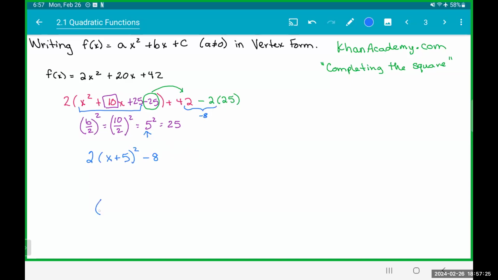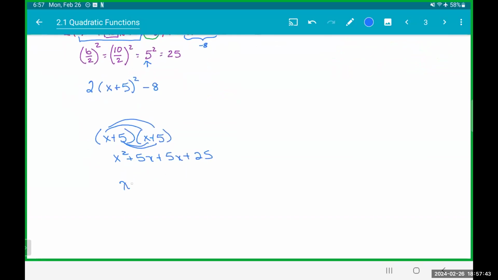Okay, so if I did x plus 5 times x plus 5, that's x squared plus 5x plus 5x plus 25, right? So that gives me x squared plus 10x plus 25. But remember, we have this 2 times out here, right? So that's 2x squared plus 20x plus 50.